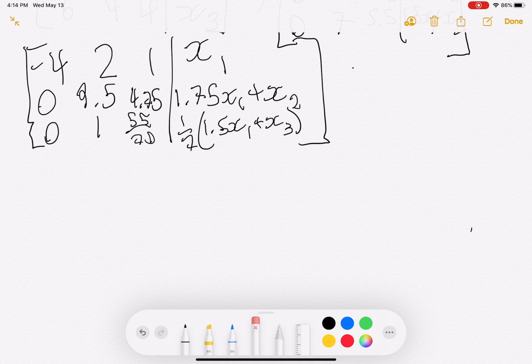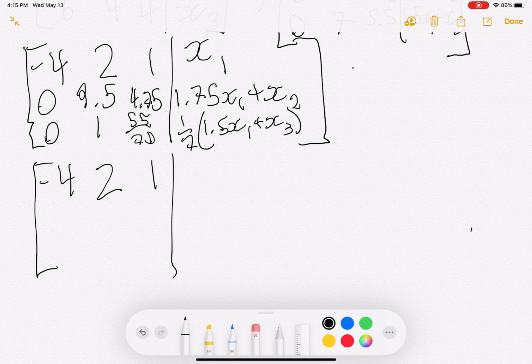Okay, so what we get here is row 1 stays unaltered. Row 2 stays unaltered as well.